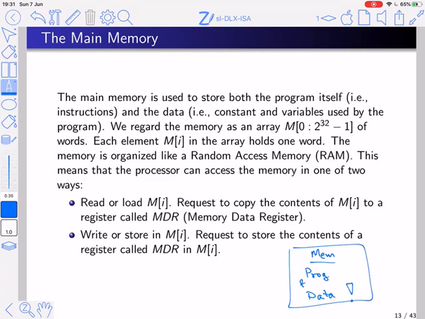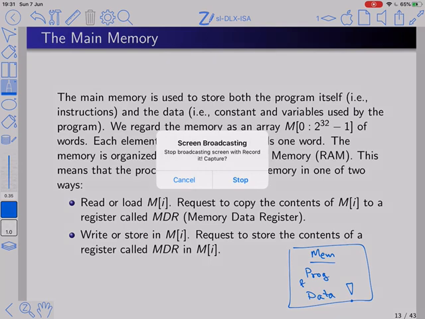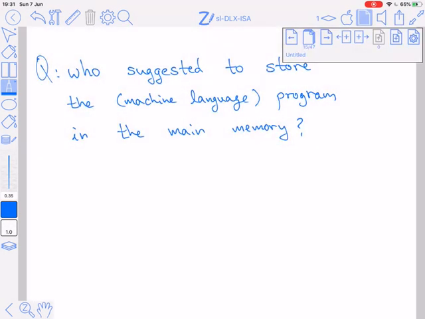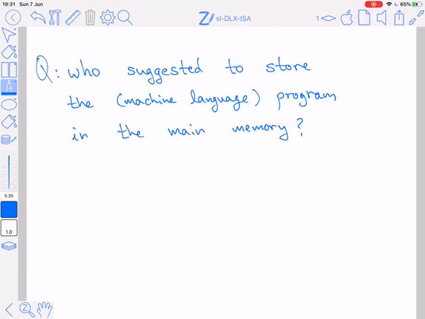Okay? Now, I want to emphasize that the memory is used for storing both the program and the data. Now, this is not such a trivial issue. So I'll give you a trivia question.